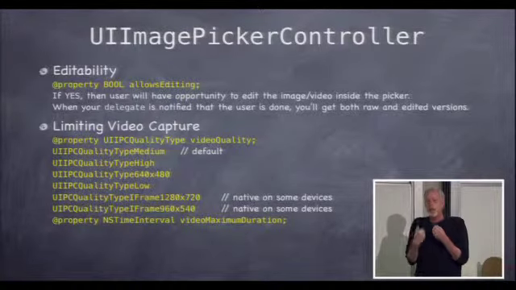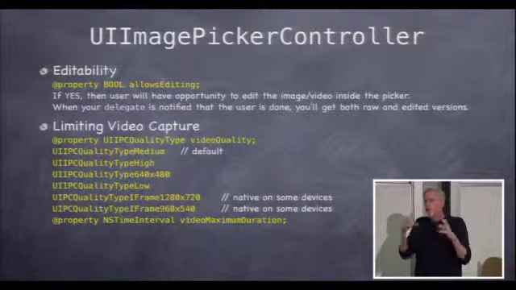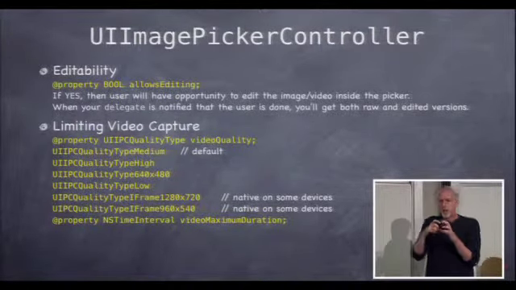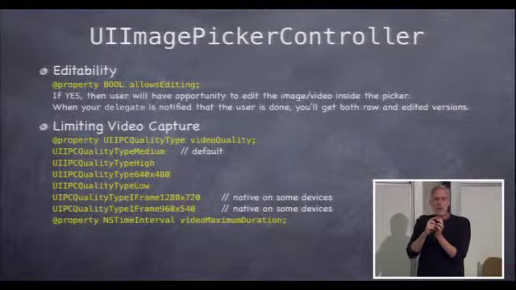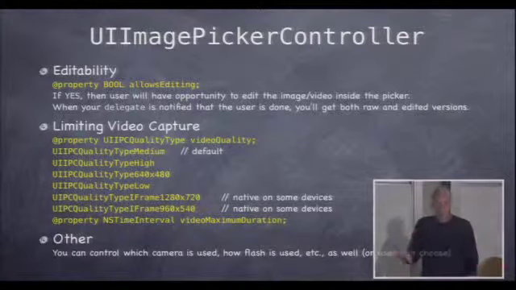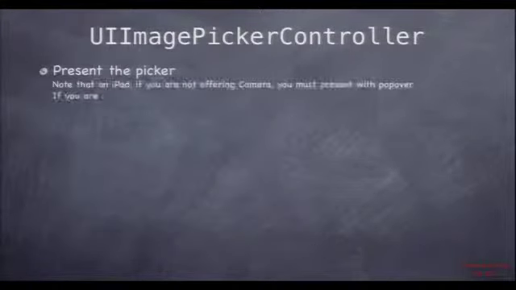Because if you are just going to do some small little video that's not going to be the whole screen or not going to be presented on an external device, then you can save yourself a lot of memory use and disk space use by getting a lower video capture size. There's a lot of other API in here. You can look at it for yourself, controlling the flash and all those things.